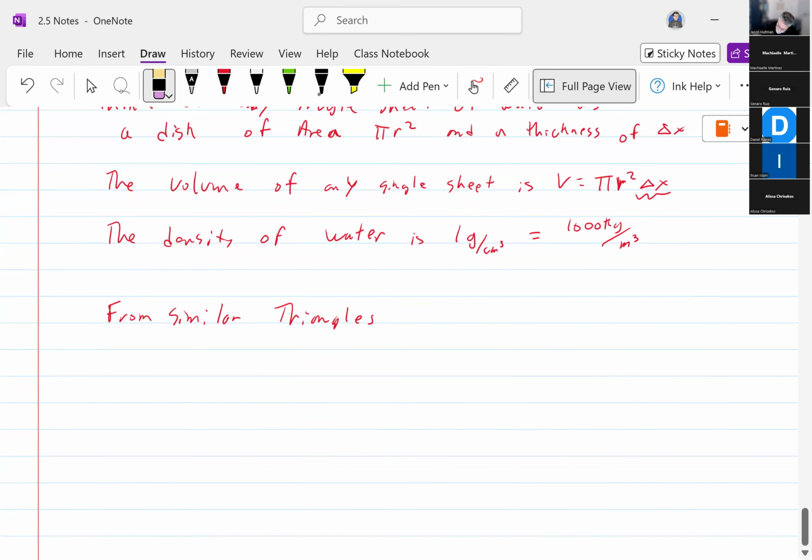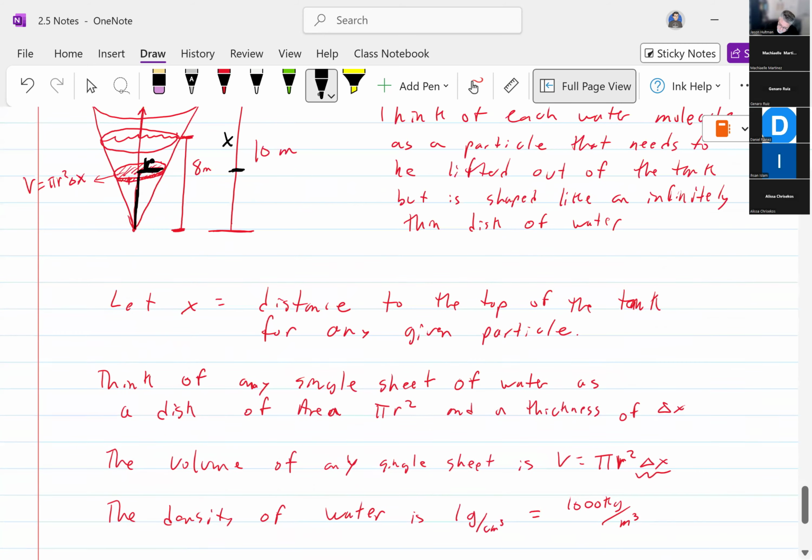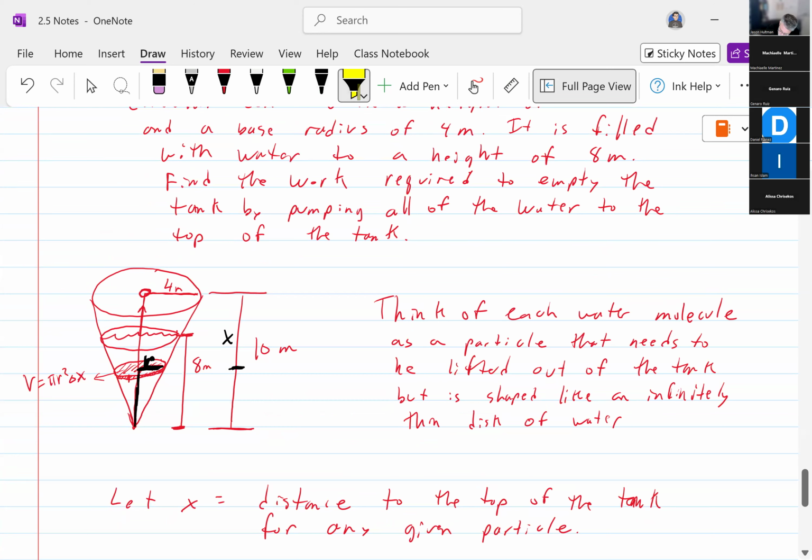Looking at this triangle, and then this triangle here, we've got to relate 4 to 10 to, well, if X is the distance that I have to travel back up, then 10 minus X is the height of the water at any point.